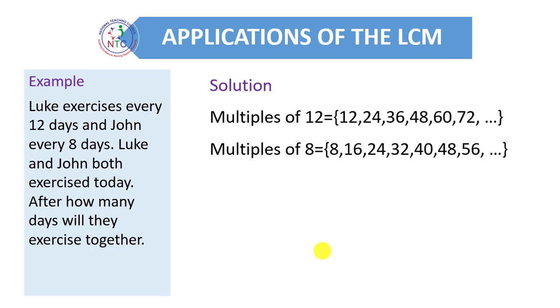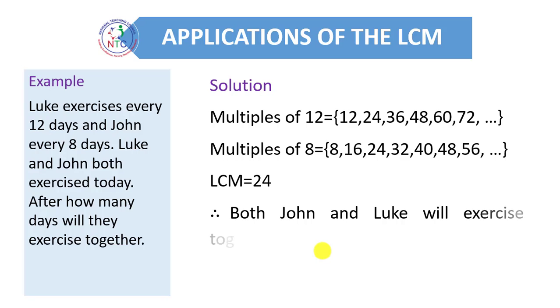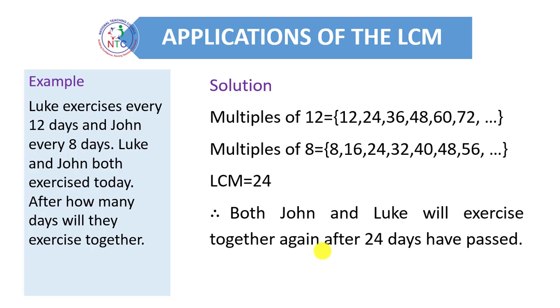Now, looking at the multiples of the individual numbers on the screen, what's the smallest number common to the two sets? You do realize that the answer is simply 24. So how do we conclude our answer? Therefore, both John and Luke will exercise together again after 24 days have passed.